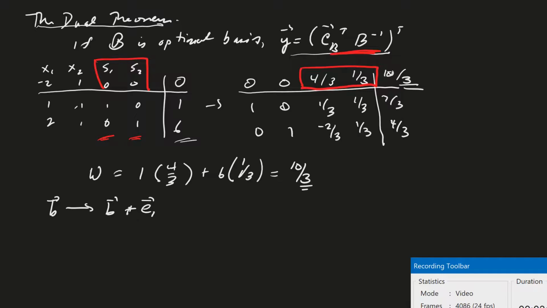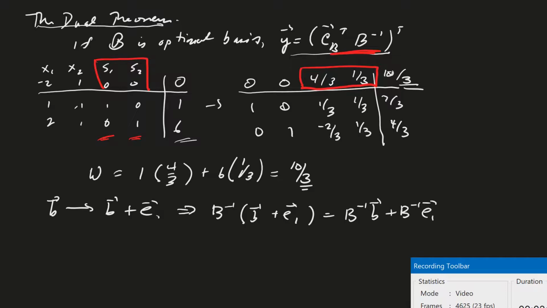So if I change my right hand side from b to b plus e1, and then compute the optimal value there, I'm going to take my B inverse times b plus e1, keep going with that computation, B inverse times b plus B inverse times e1.